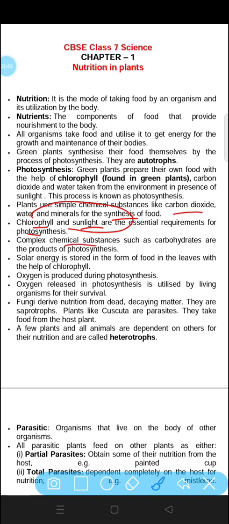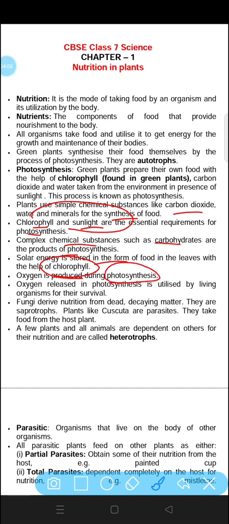Next, complex chemical substances such as carbohydrates are the products of photosynthesis. As we have seen glucose, the different forms of glucose are called carbohydrates. Solar energy is stored in the form of food in the leaves with the help of chlorophyll. Solar energy is trapped by the leaves of the plant. Oxygen is produced during photosynthesis.